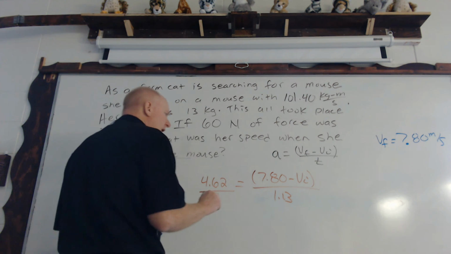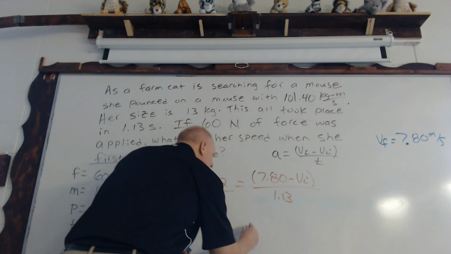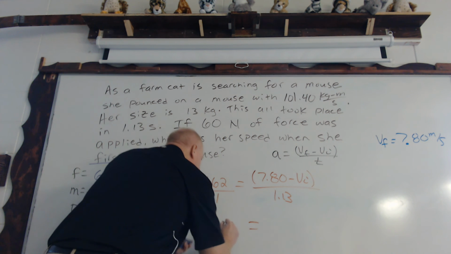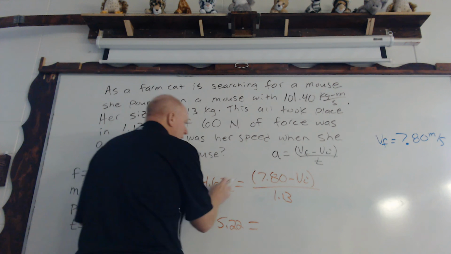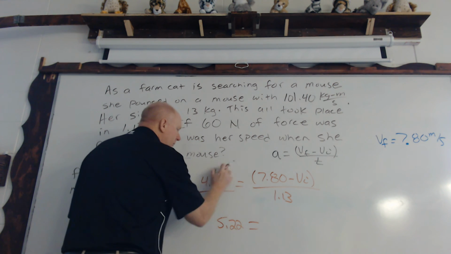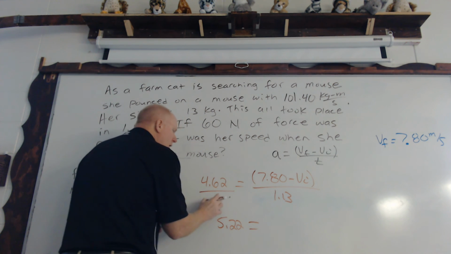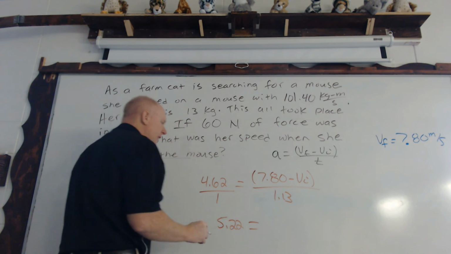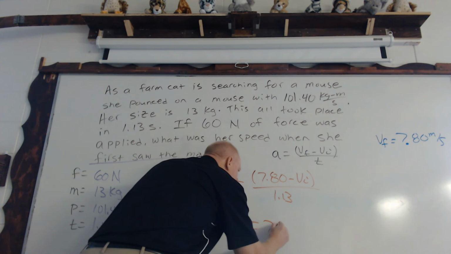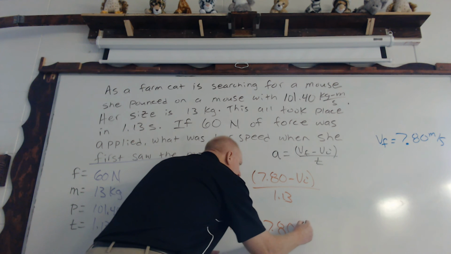I was going to put it on the other side, but I guess it really doesn't matter. 5.22. And then if we cross multiply with those two numbers, we're going to do the same thing here. 1 times any number is just going to give you 7.8. And then we've got minus VI.